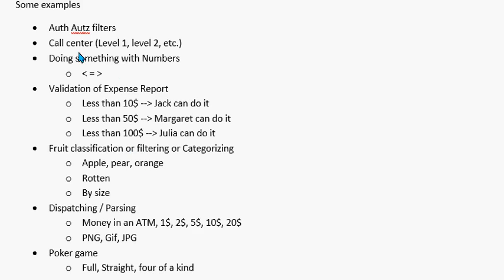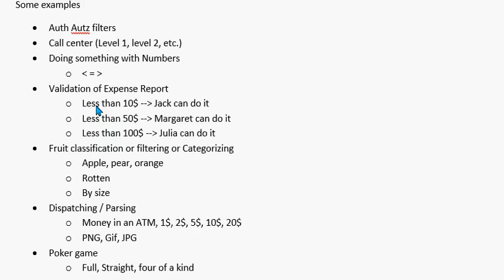You want to do something with a number: if it's less than 10, if it's equal to 10, if it's more than 10. You want a validation of your expense report. If it's less than $10, then Jack can do it. If it's less than $50, then Margaret can do it. If it's less than $100, then Julia can do it.